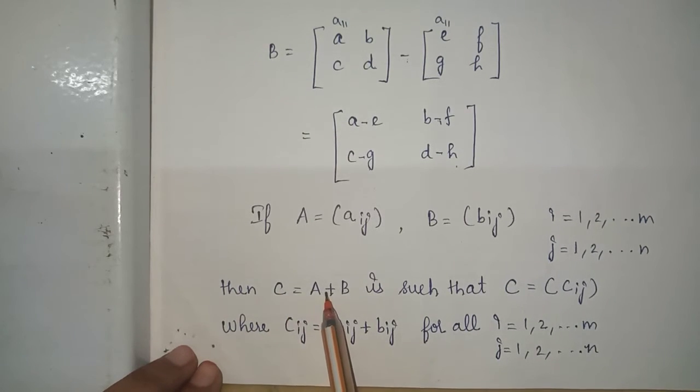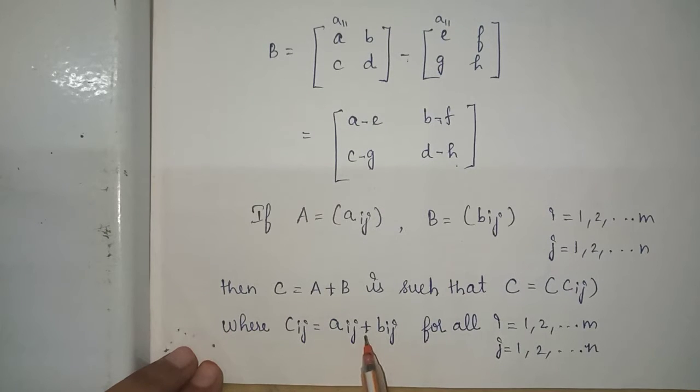If we add two matrices A and B, we get the resultant matrix C such that C is equal to Cij, where Cij is equal to Aij plus Bij, for all i equal to 1 up to m and j equal to 1 up to n. The addition and subtraction of two matrices happen only when they have the same order.